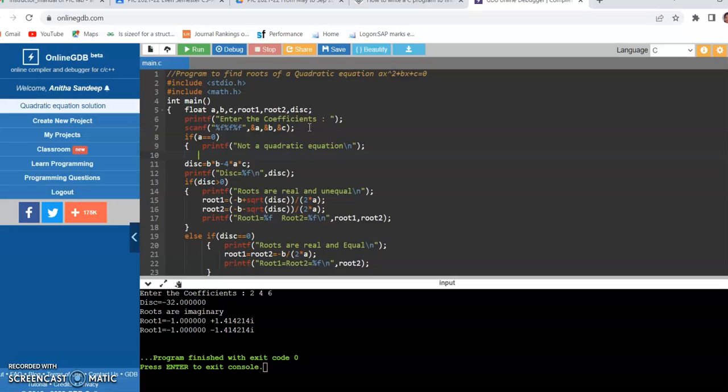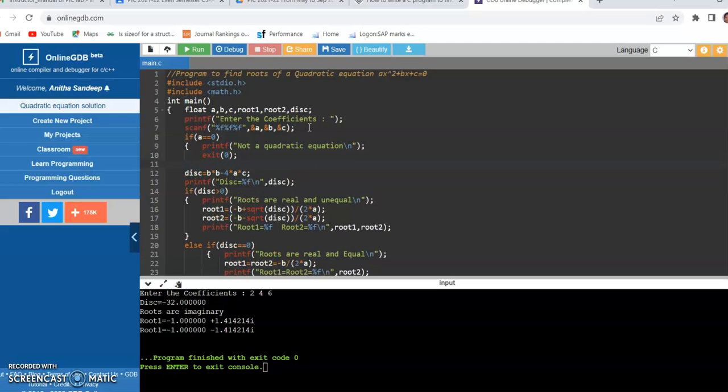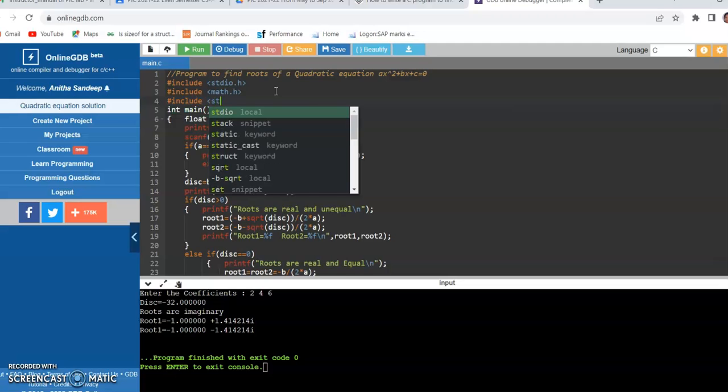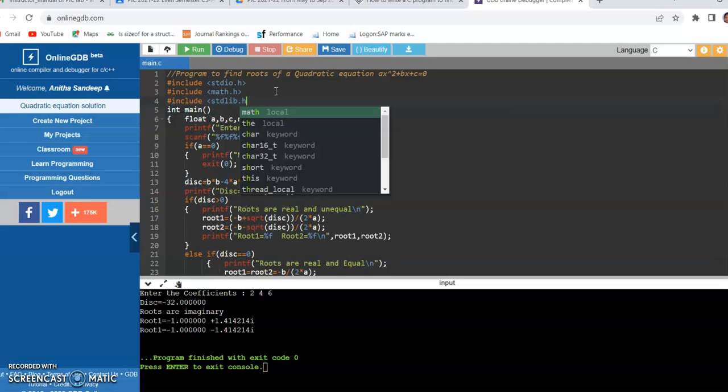And you can terminate the program by calling the exit function. When you are inserting the exit function, make sure that you include the corresponding header file, #include stdlib.h.